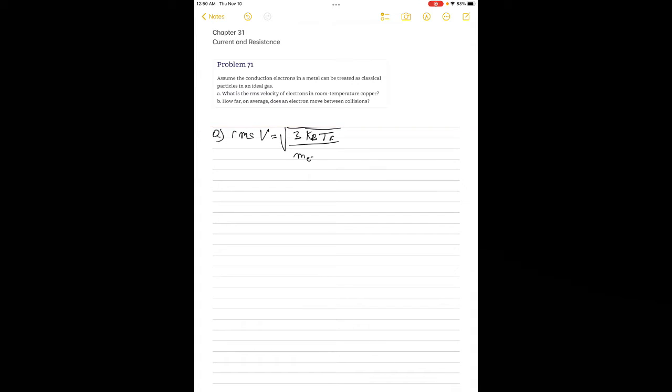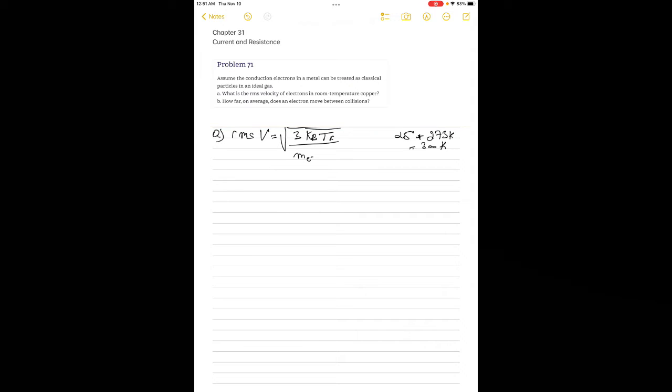We know room temperature is 25 degrees, so to convert this to Kelvin we just add 273, which gives us almost 300 Kelvin, so we'll round to 300 Kelvin.